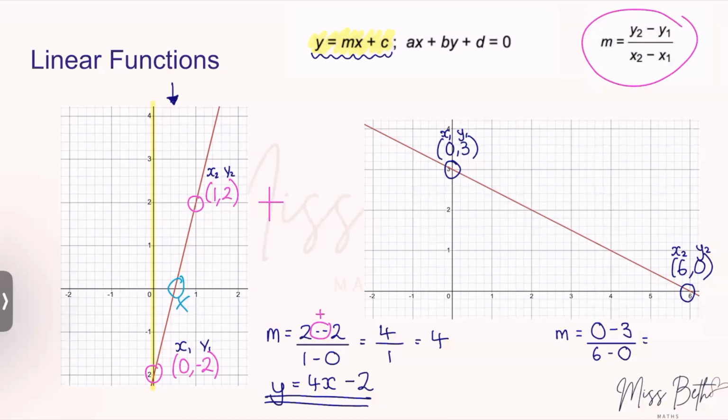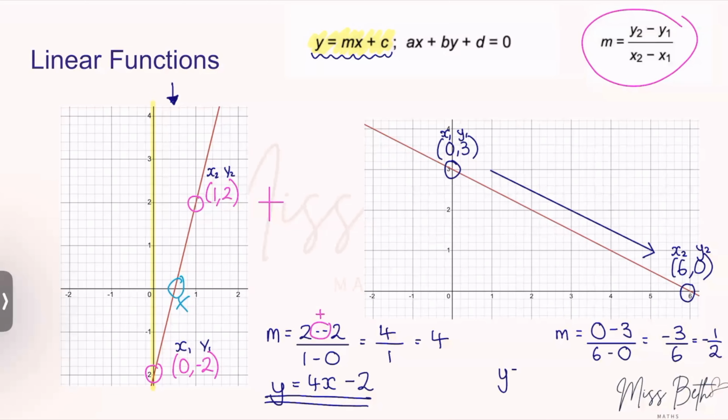So in terms of answering that, we have -3 over 6, and we can simplify that further. It would be -1/2. Now I know that that must be correct in the sense that it's a negative gradient because this line is going in a downwards direction. So let's plug that into the equation.